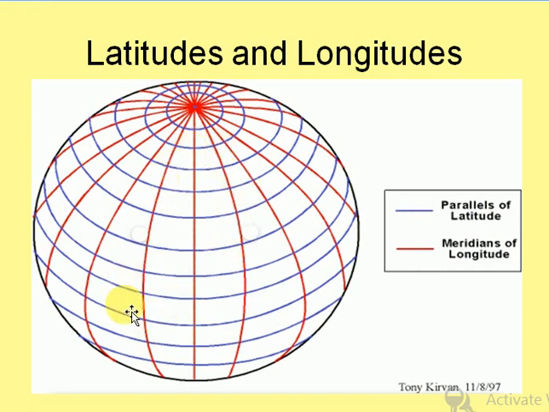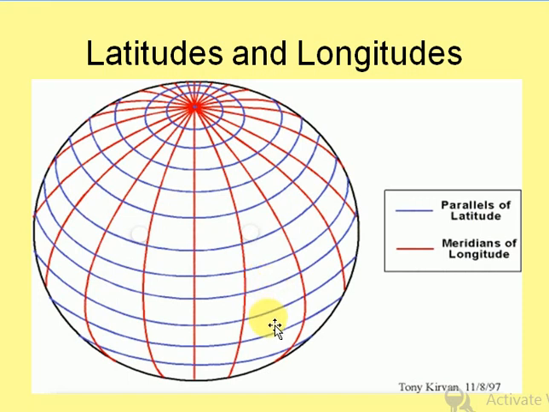So you can find the exact location with these intersecting lines on the Earth.